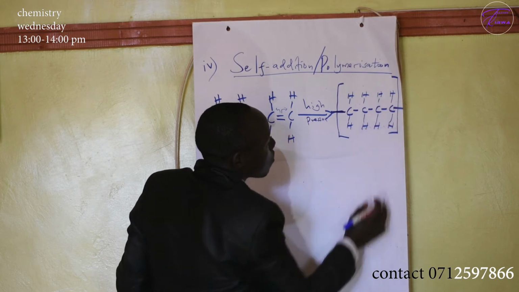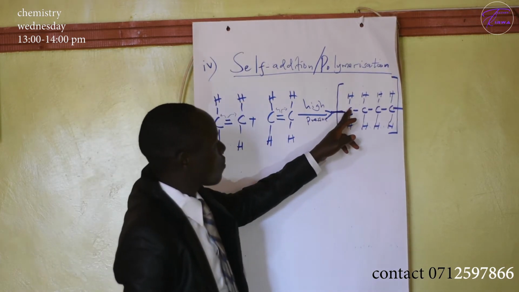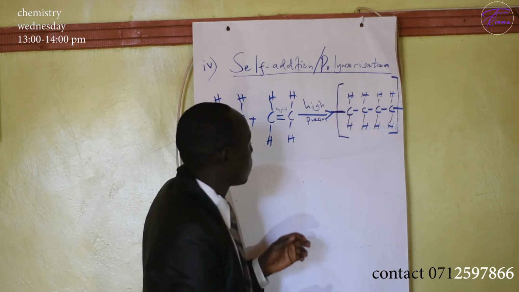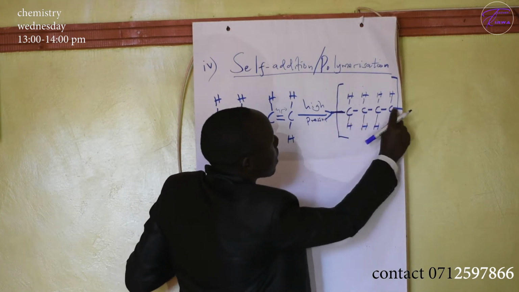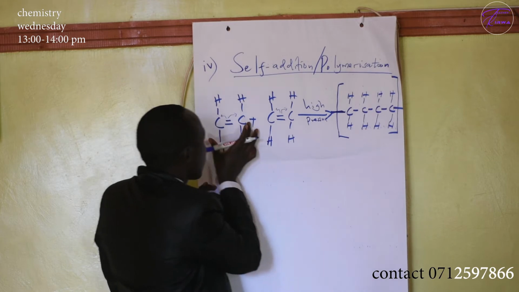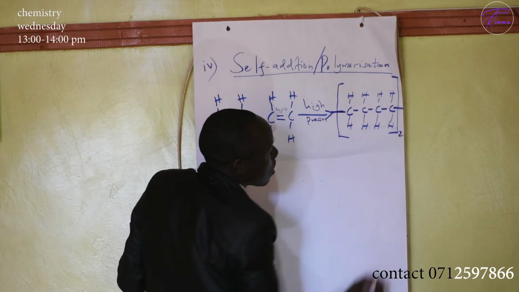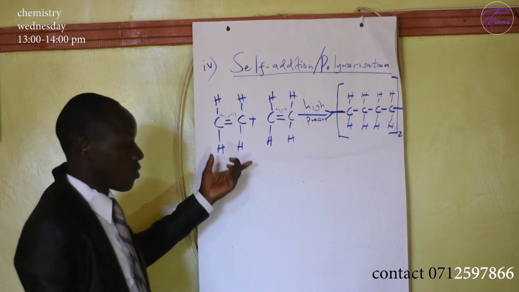This is a covalent bond extending to complete the tetravalency of carbon. So these are two molecules of ethene.